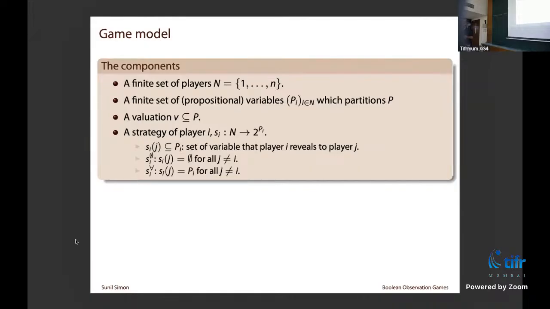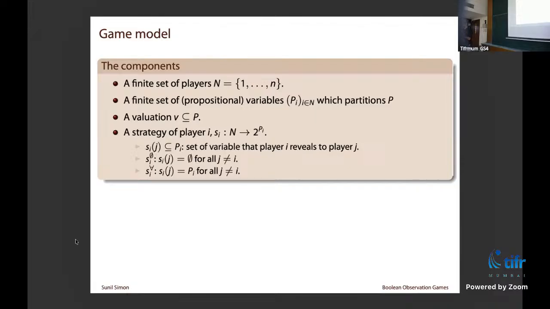What we are modeling here are what are called incomplete information games. It also has imperfect information because everyone has to simultaneously choose. But it also incorporates incomplete information because this valuation is like someone picks. The players don't pick this. Think of it as nature's move.